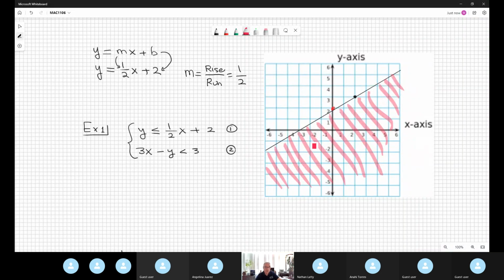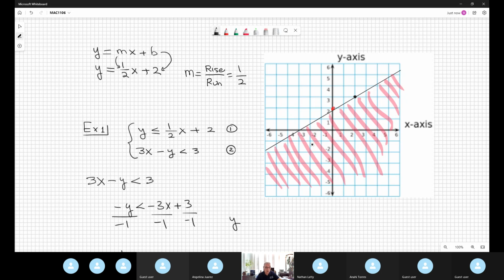Okay, let me try the second. The second is easy. You copy it again one more time, but copy it like an inequality. You solve for y: minus y is less than minus 3x plus 3. You divide by -1 because I need positive y, not negative y. Then we have y.